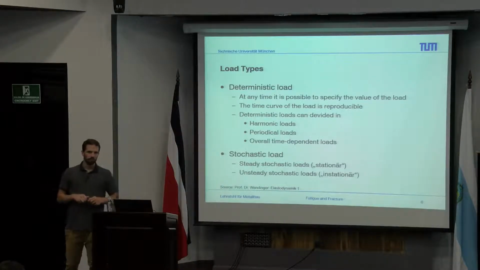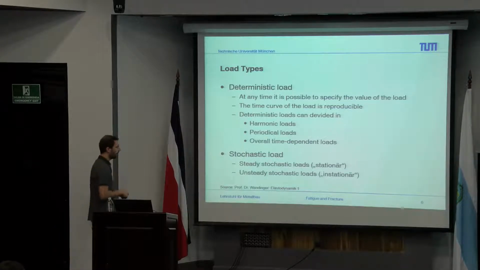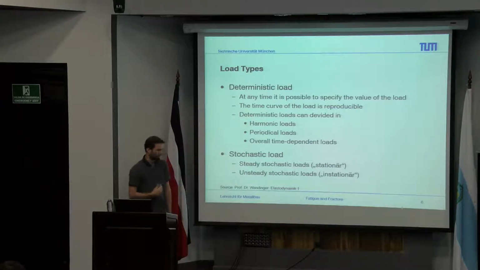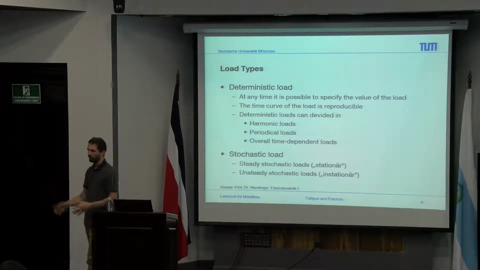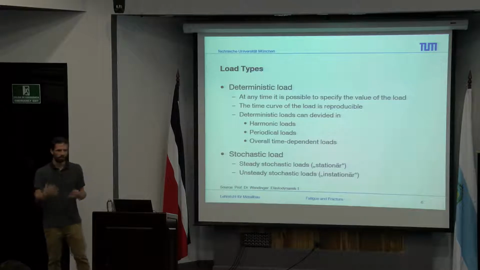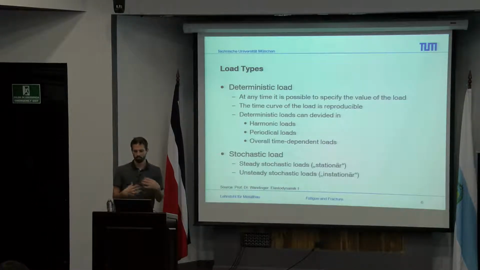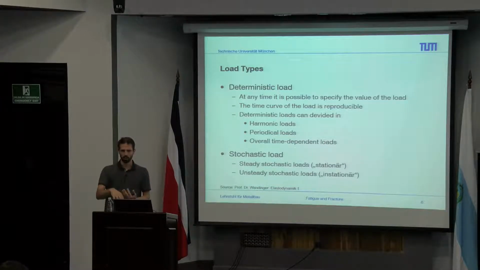Then at the same time, you have some stochastic loads, and the stochastic loads can be steady or unsteady. So what does it mean? If you have a steady load, it is related to a specific point.